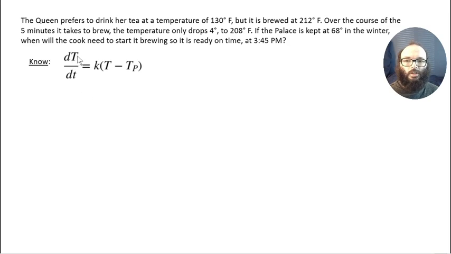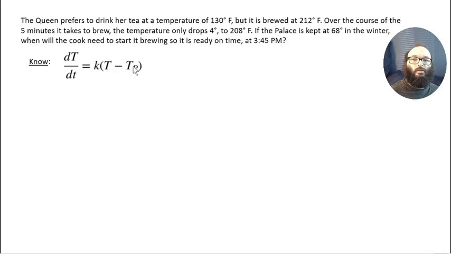It's telling us that the change in the temperature with respect to the change in time is proportional to some constant multiplied by the current temperature value at whatever time you're talking about minus the temperature of the surroundings. Or rather, to put it a different way, the rate of change here is a constant times the difference between the temperatures.